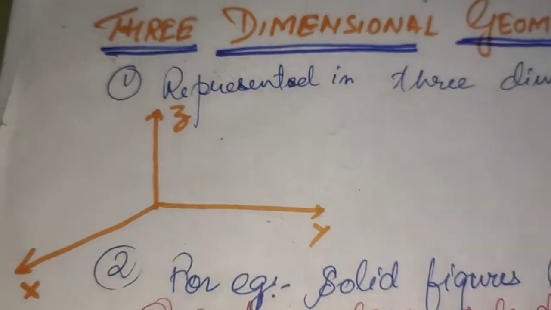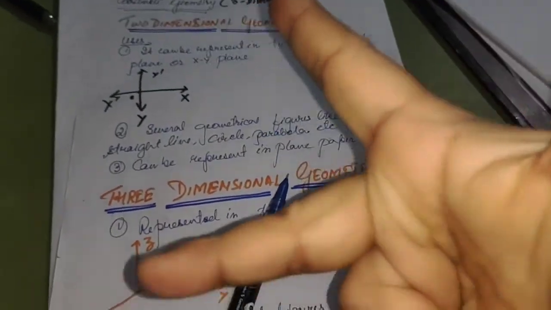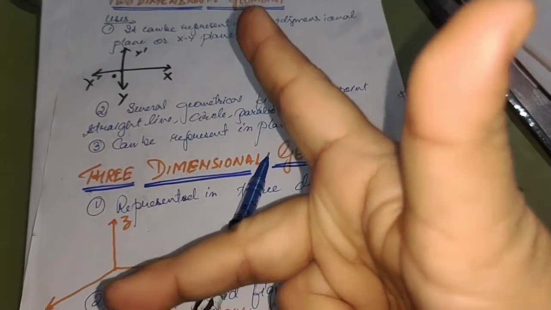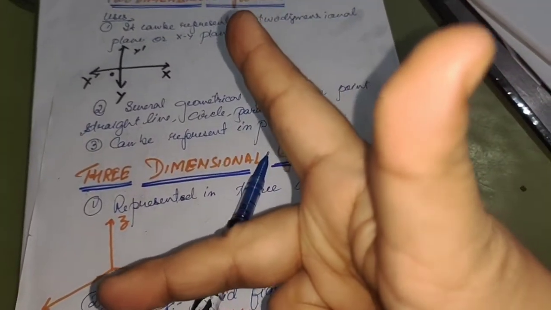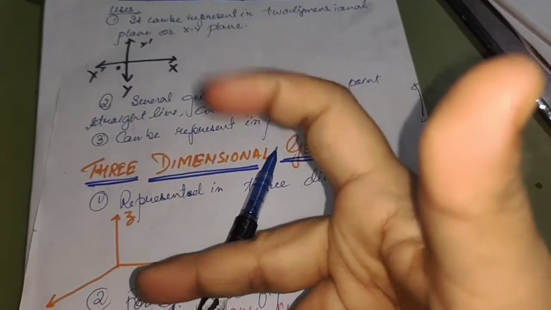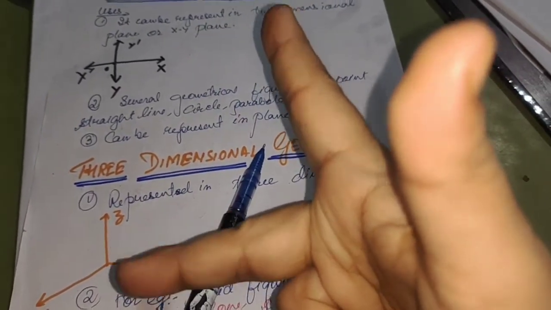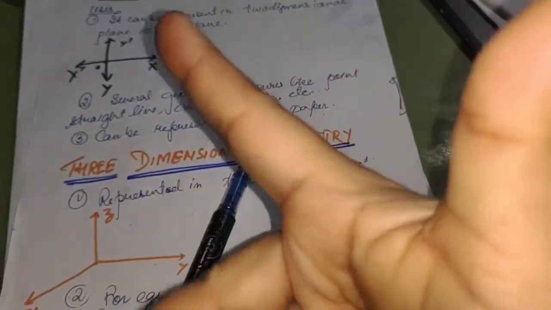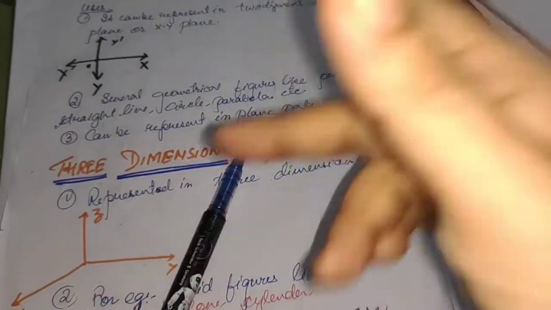All these 3 axes actually look like this. This is the format of 3-dimensional geometry. This is your z axis, this one is your y axis, and this one is your x axis. You can see that all the 3 axes are perpendicular to each other.